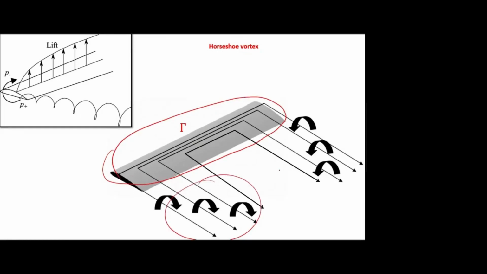We are not taking this rear portion. Horseshoe vortex is the combination of bound vortex plus this wingtip vortex. So the overall arrangement is horseshoe vortex, and if you take the vortex filament arrangement only on the wing, that is called bound vortex. Is that clear? Yes, sir.